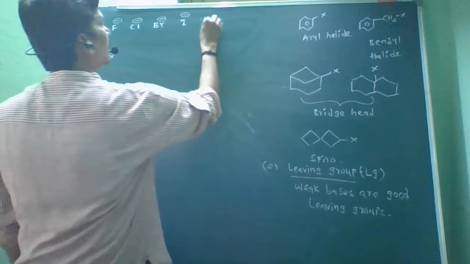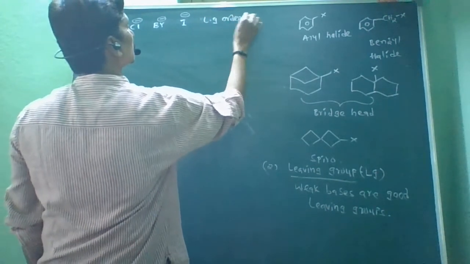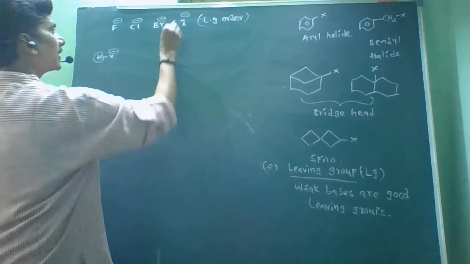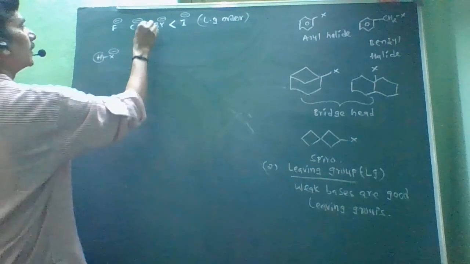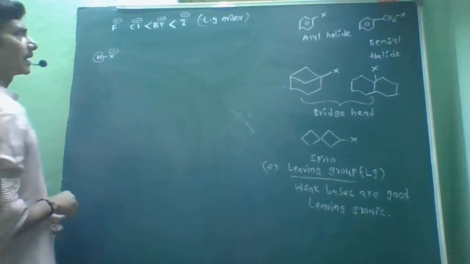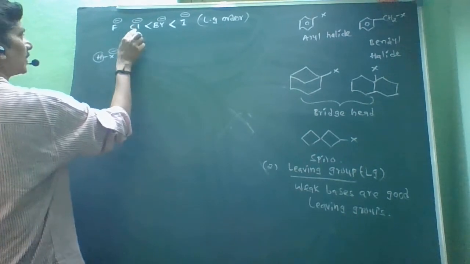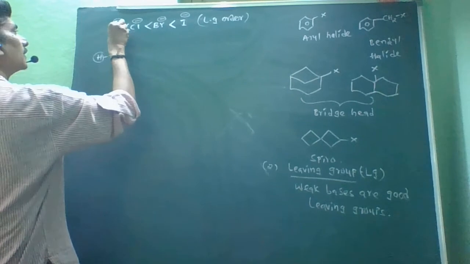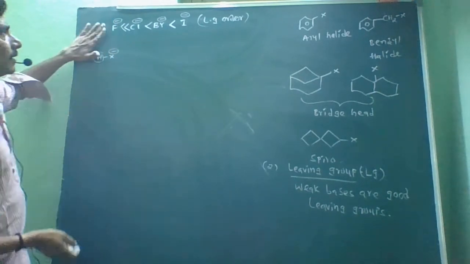So the leaving group order is: I minus is a better leaving group than Br minus, Br minus then Cl minus, and Cl minus is better than fluorine.